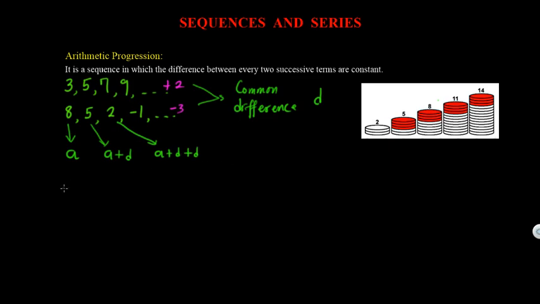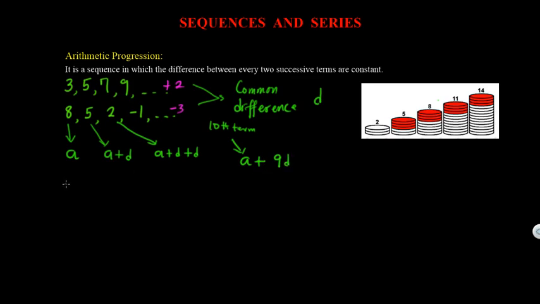So the third term has 2D. Assuming we are going to the 10th term, we have A plus D in 9 places, because we remove 1D from 10 to give us 9. So that's 9D.